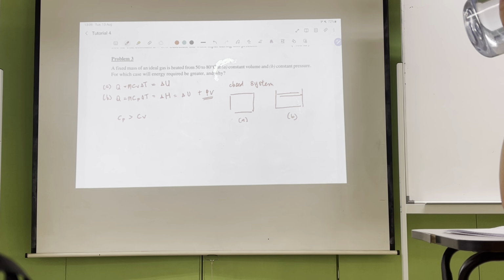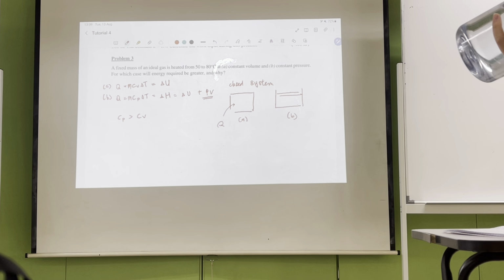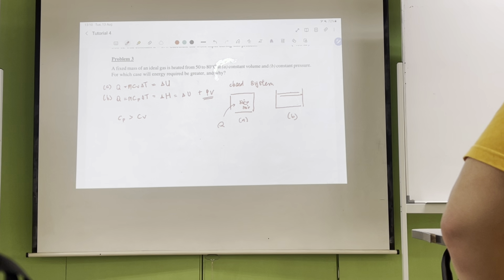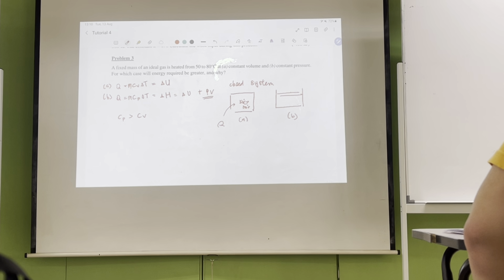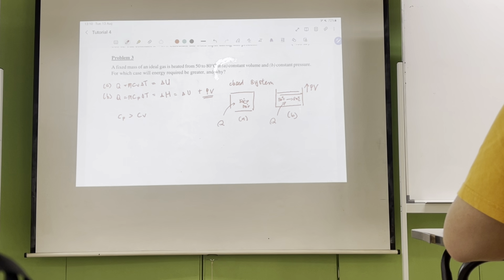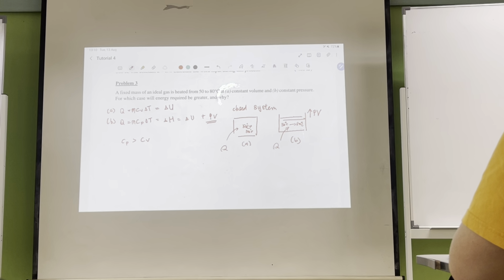So in case A, if you are providing heat to heat it up from 50 to 80 degrees Celsius, all you are doing is basically heating it up, changing the temperature. But in case B, if you are providing heat, not only are you changing the temperature, you are also trying to overcome the boundary work that is being done, because it will expand.